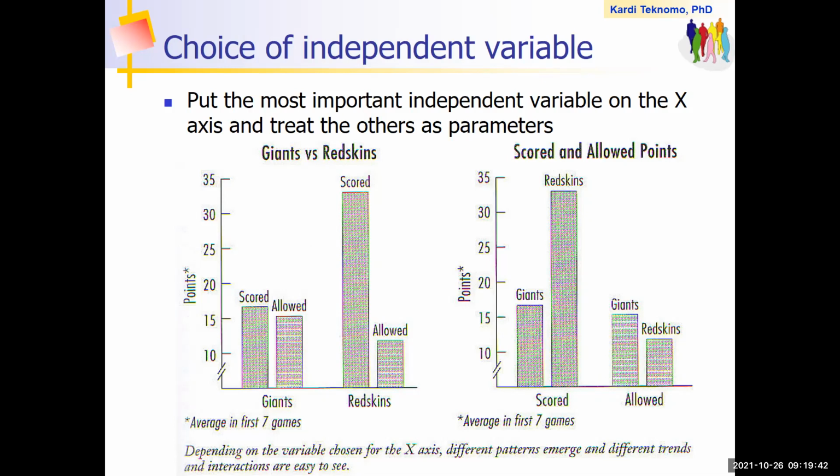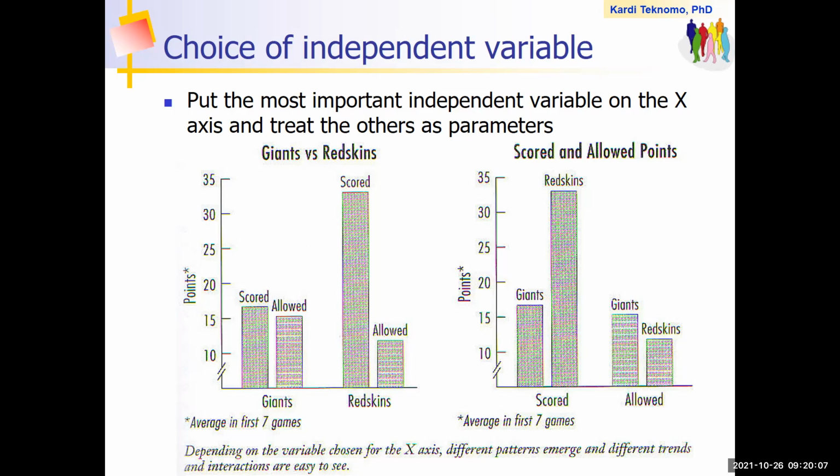Now the choice of independent variable, look at it. Put the most important independent variable on the x-axis, and then treat the other variables as parameter. Here on the left side, you have the number of points between Giants and Redskins.